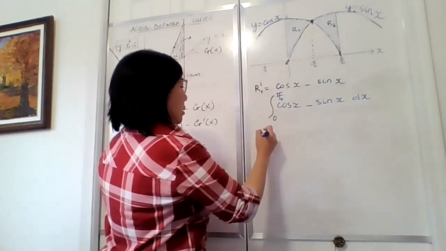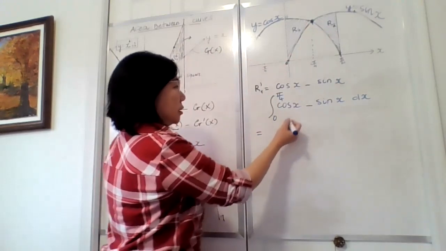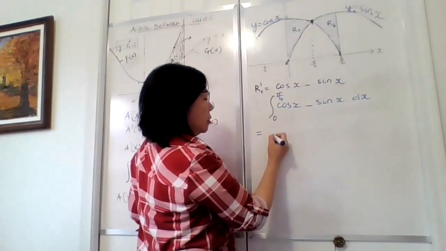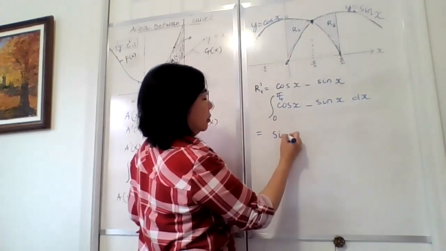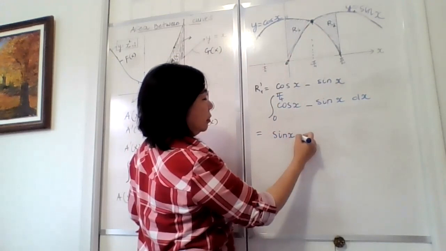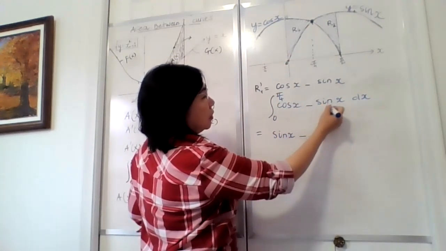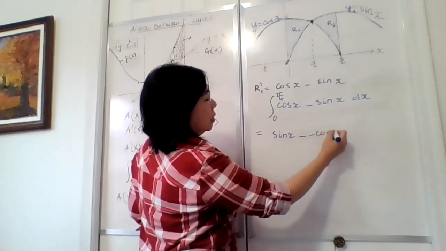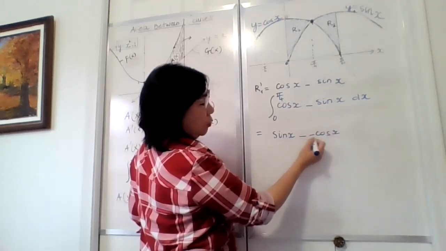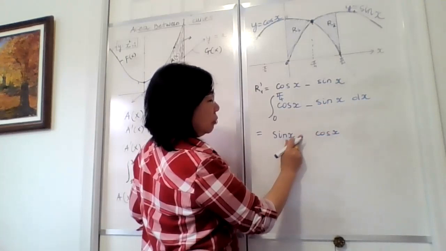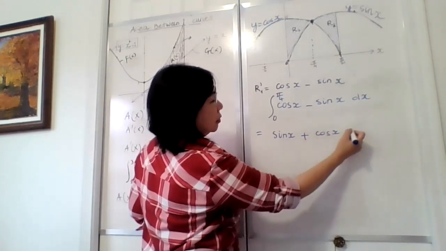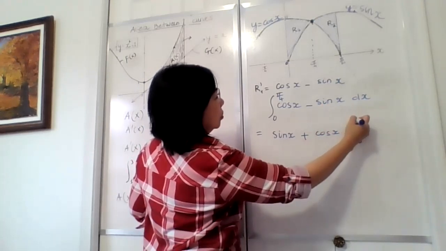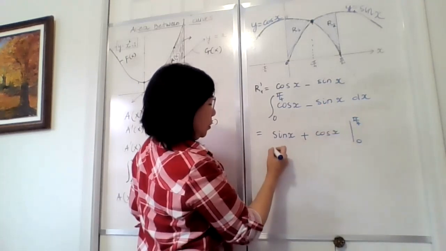We're going to integrate this. The antiderivative of cos x is sine x, minus the antiderivative of sine x, which is minus cos x. So minus with minus, we have two of them, it turns out to be positive. And we're going to integrate from 0 to pi over 4.